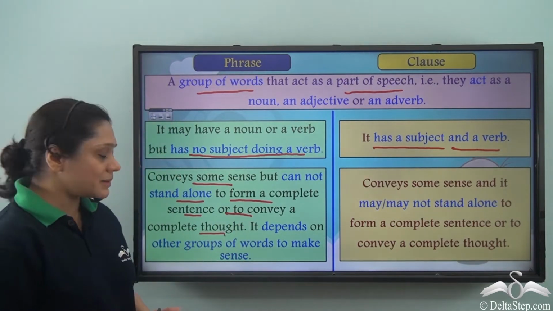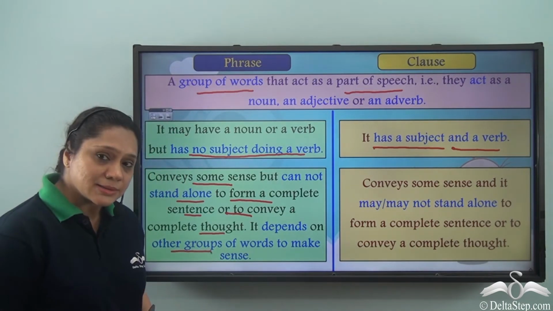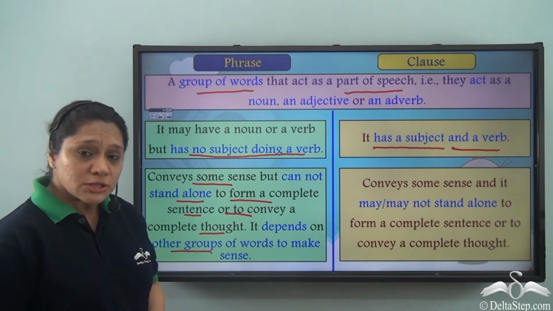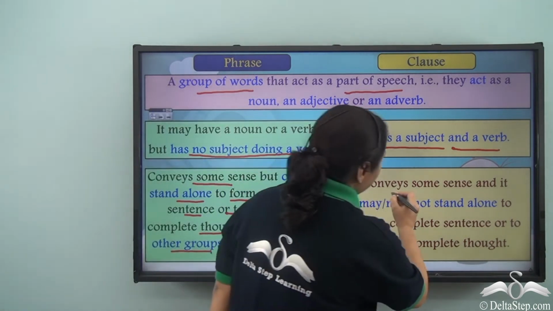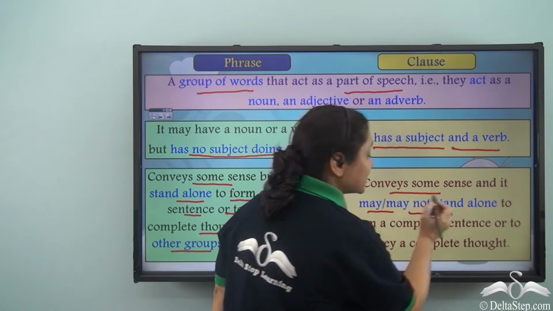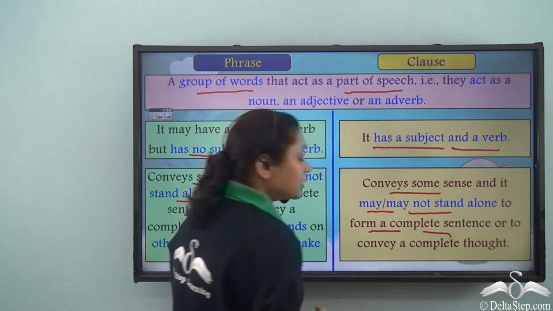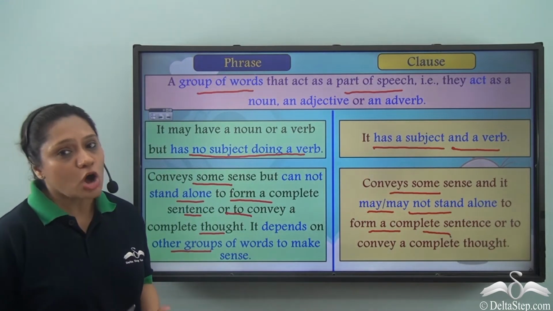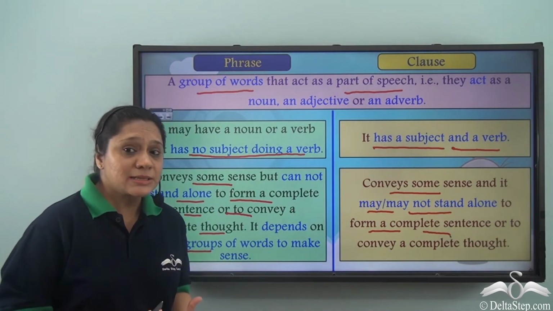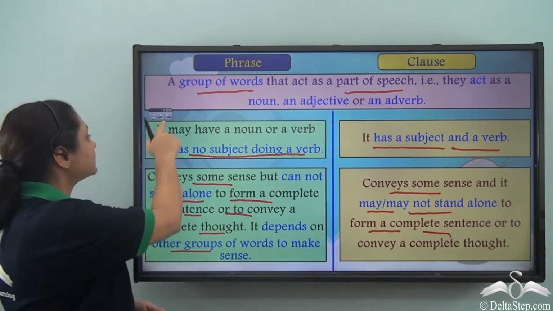It always depends on other groups of words to make complete sense. A clause, on the other hand, conveys some sense and it may or may not stand alone to form a complete sentence or to convey a complete thought. Let us learn a little bit more about clauses today.